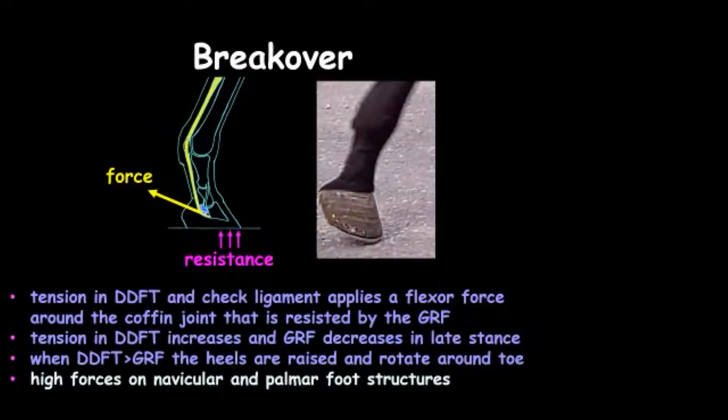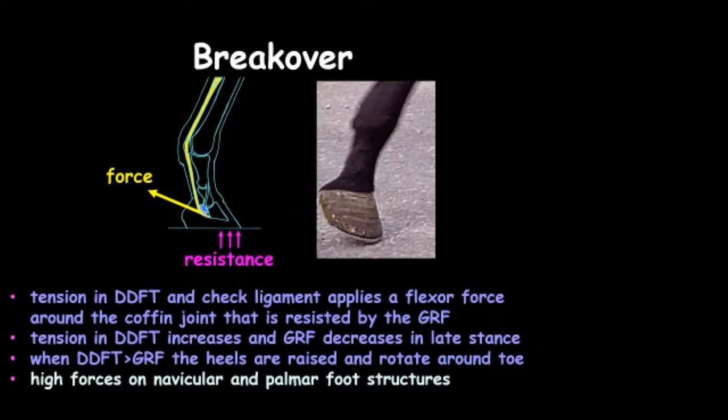So what happens at the end of the stance phase is that as the horse's body is passing forward over the limb, the limb is being retracted, the angle is changing, and at that time we have increasing tension in the deep digital flexor tendon, which is going around behind the navicular bone and then attaching to the undersurface of the coffin bone.